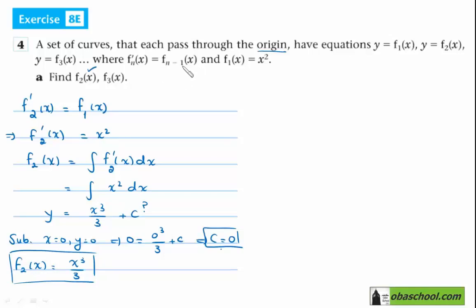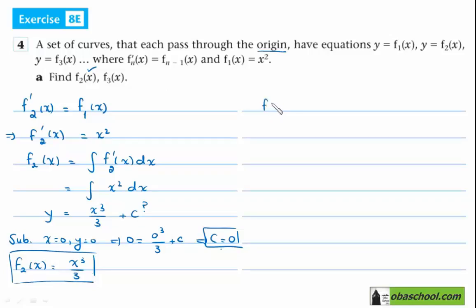Now, if we want to find the value of f3 of x, we go to the same relationship and write f prime 3 of x equal to f n minus 1, or 3 minus 1, that is f2 of x. We just found f2 of x, so we substitute directly: f prime 3 of x equals f2 of x, that is x cubed over 3.